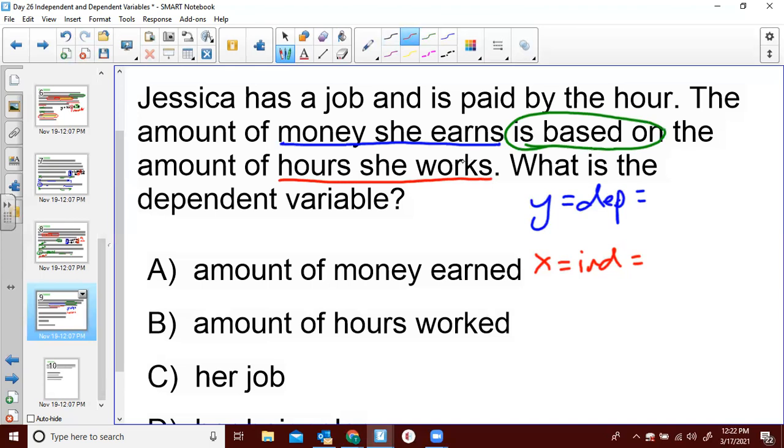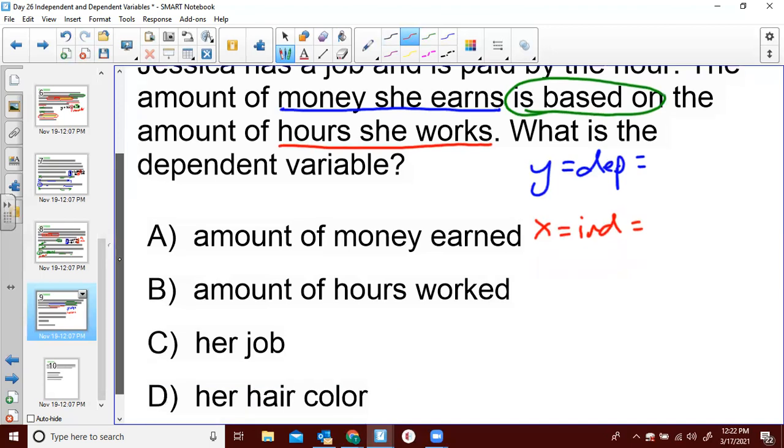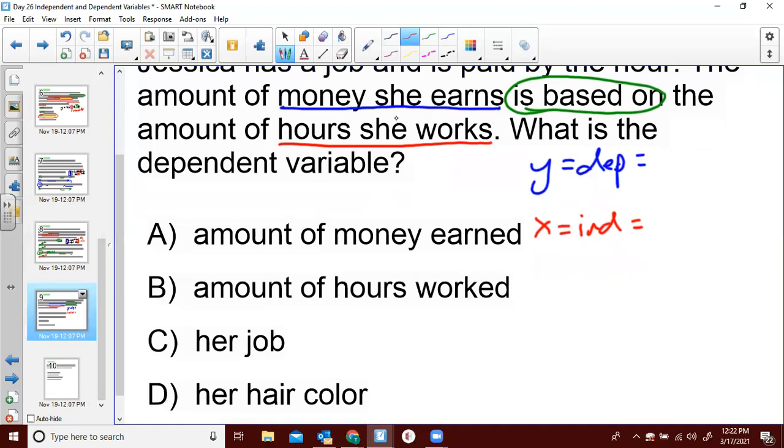So if she works 10 hours, she'll get paid 10 hours times whatever her hourly pay is. And the total amount of money she earns depends on that. So the dependent variable will be the money she earns. All right, the amount of money earned.